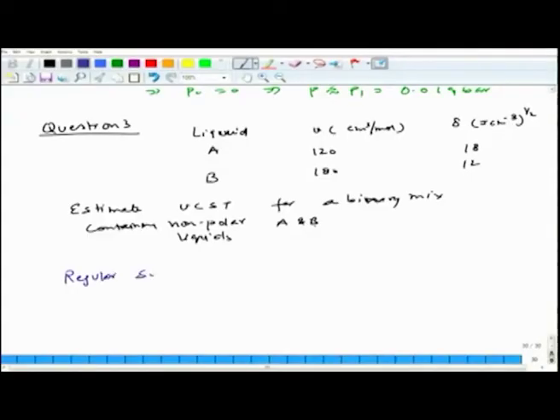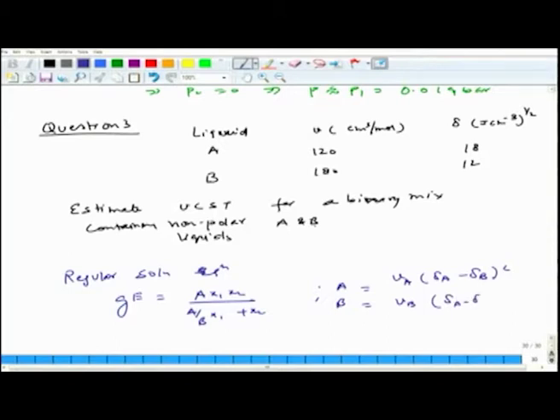This is the problem statement, and considering it is a non-polar liquid solution, we can make use of regular solution theory. Using the regular solution equation, we can write GE as A x1 x2 over A by B x1 plus x2, where A and B, using the Scatchard-Hildebrand expressions, are V_A (delta A minus delta B) squared and V_B (delta A minus delta B) squared.